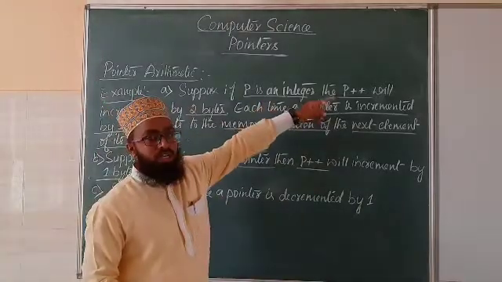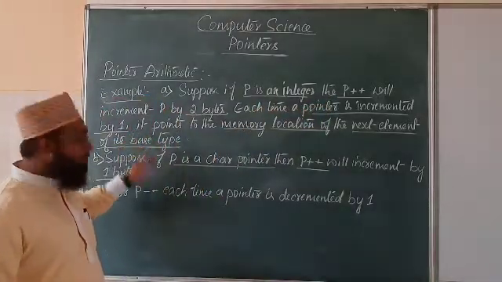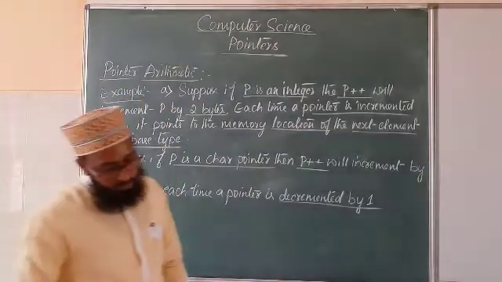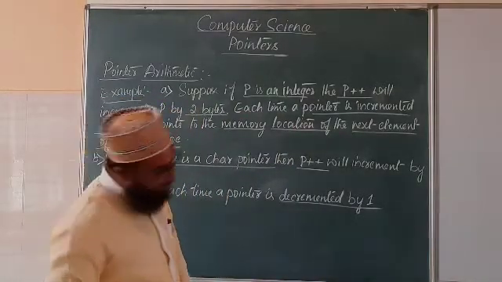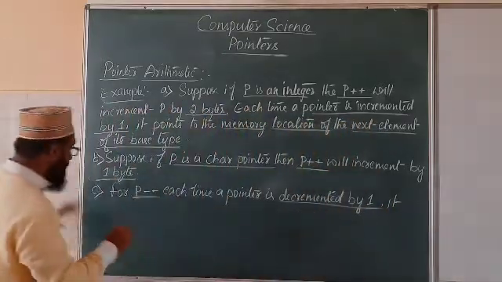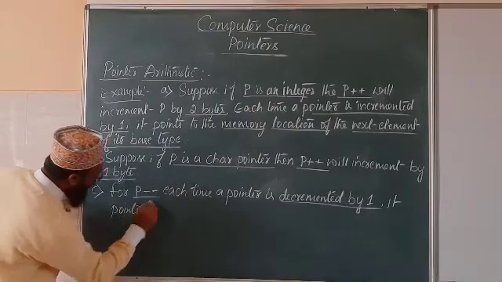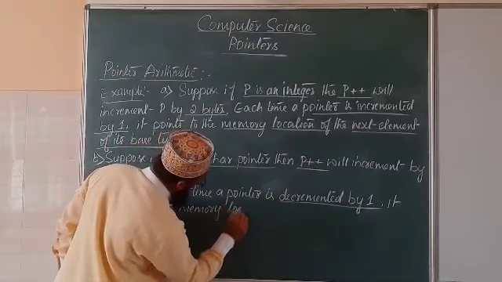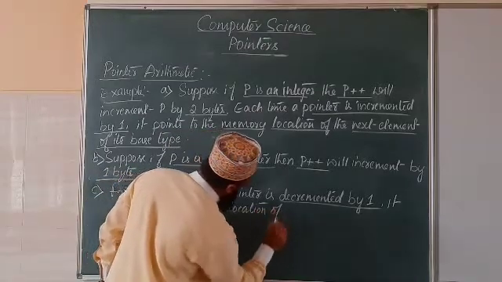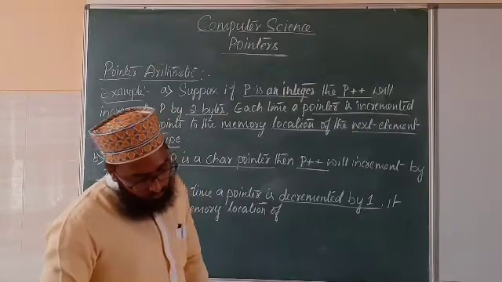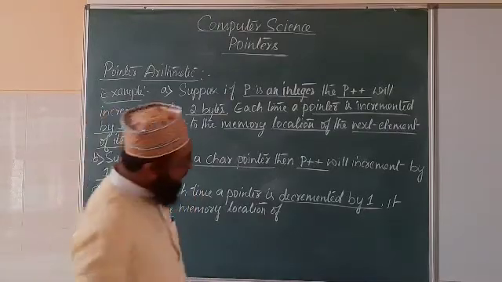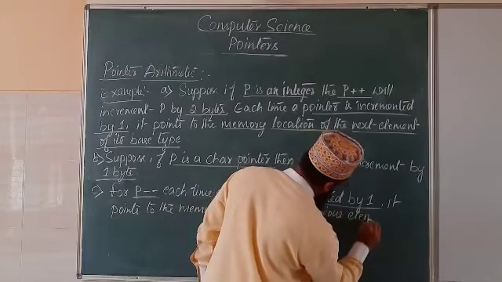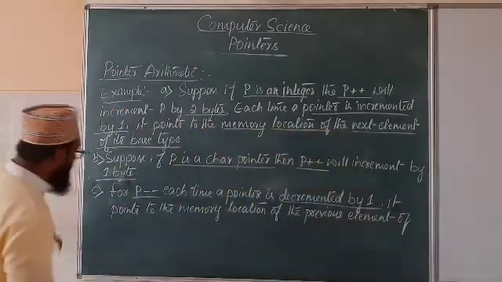Here the pointer will increment each time by 1, but if we use minus with p, then it will be decremented by 1, and it points to the memory location of the previous element of the base type.